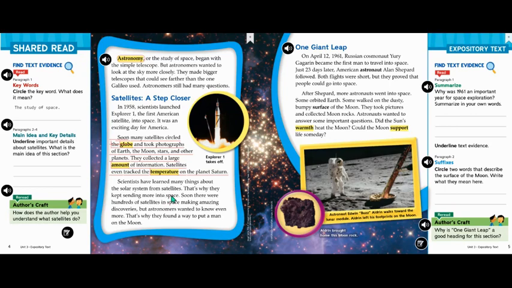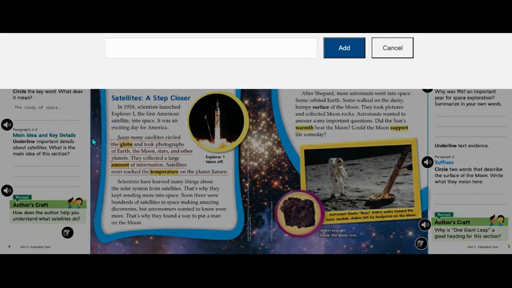So let's write that on the line as the main idea of this section. Scientists learned many things about space from satellites.